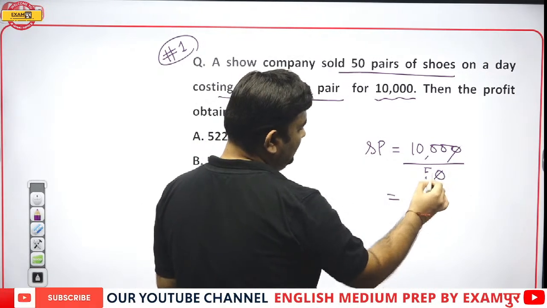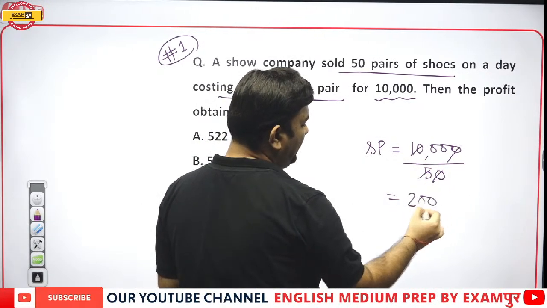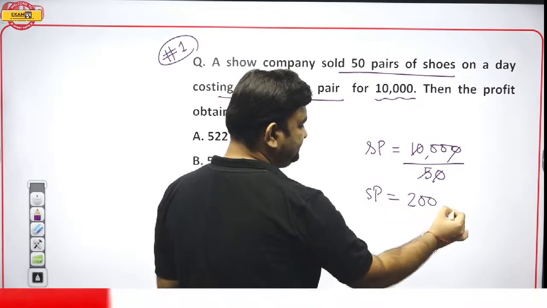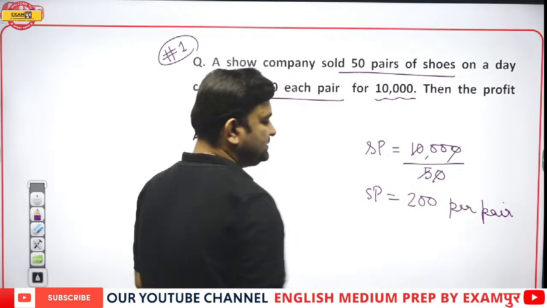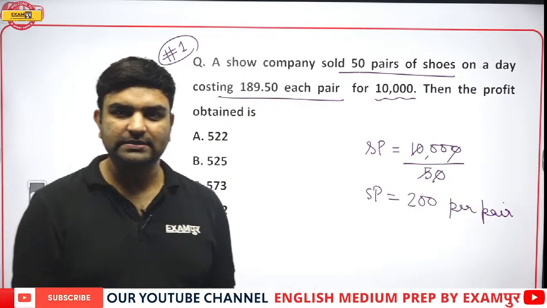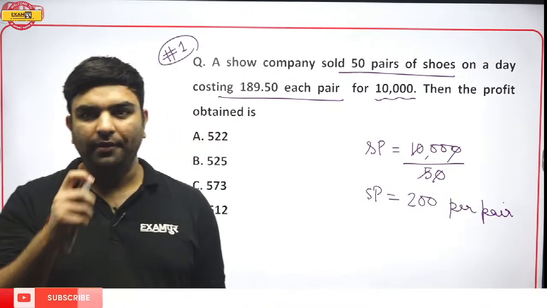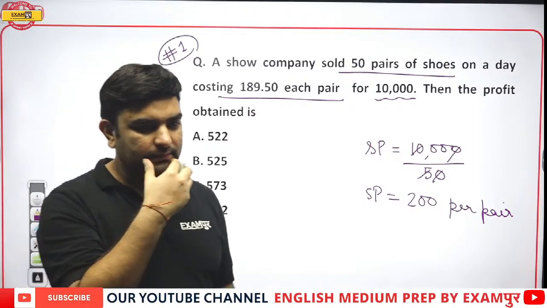Can I say 200 per pair is the selling price? Yes, it's elementary mathematics. It is 200 per pair selling price.